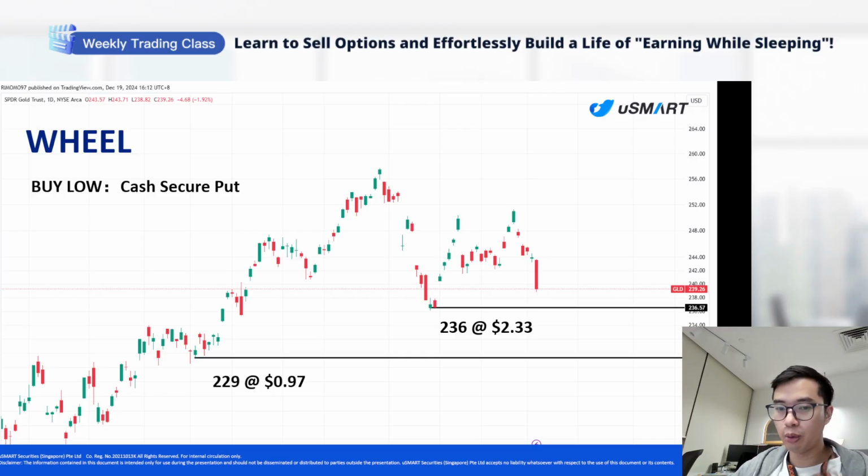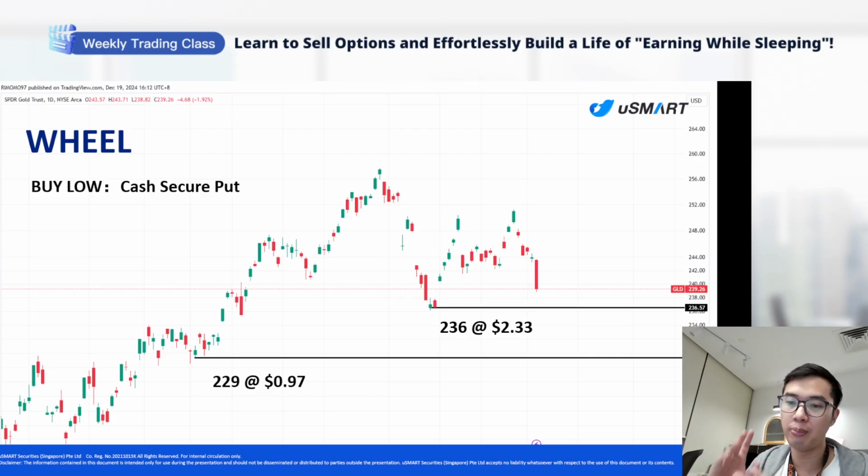Since we want to buy, let's say I want to buy this gold, then I decided to buy this gold at 236. So once I sell the puts at 236, let's say I want to buy this GLD gold ETF at 236.